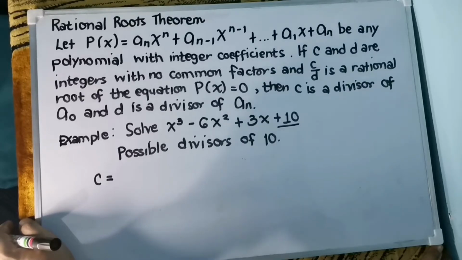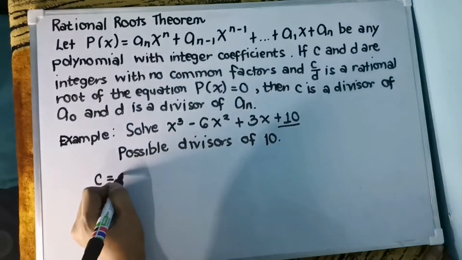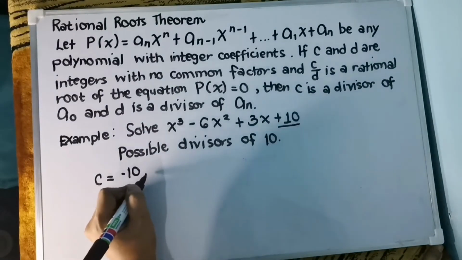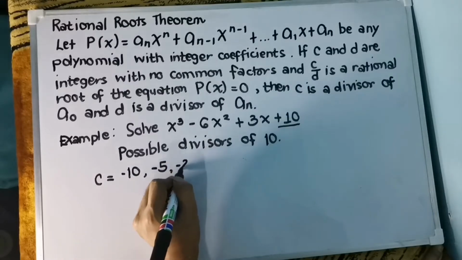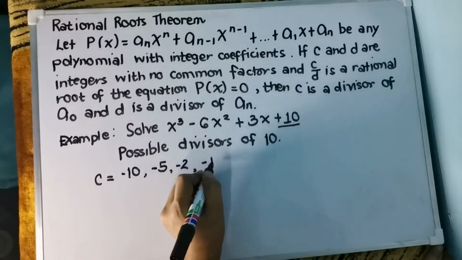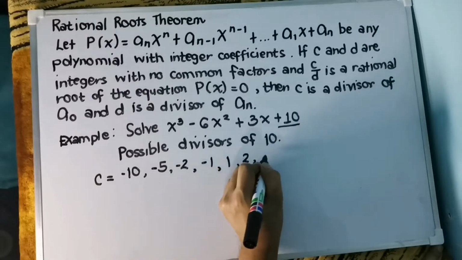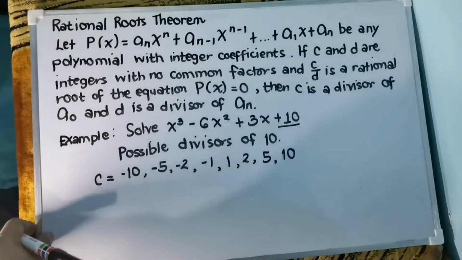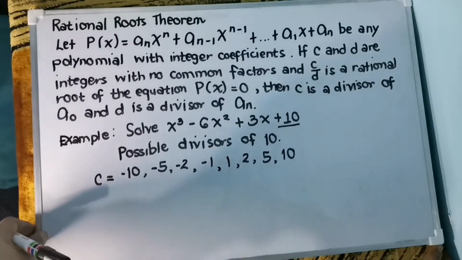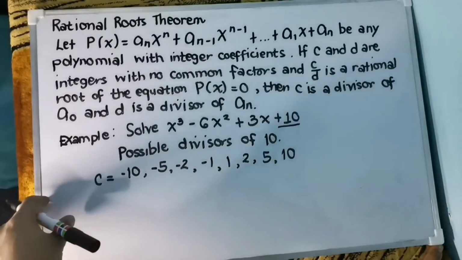So it can be a positive or a negative integer. So what are those? We have negative 10, negative 5, negative 2, and negative 1. Same with positive 1, 2, 5, and 10. So these are the possible divisors of 10.